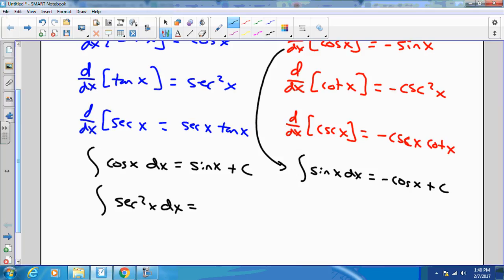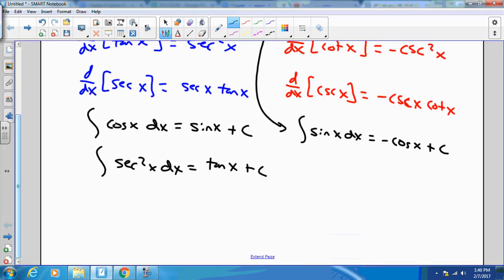Antiderivative of secant squared x is equal to tangent x plus c.